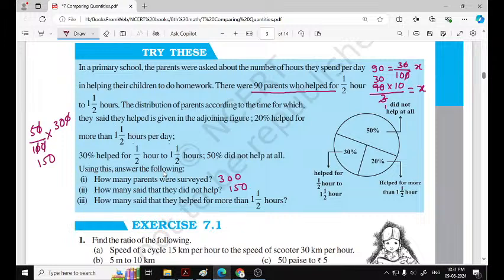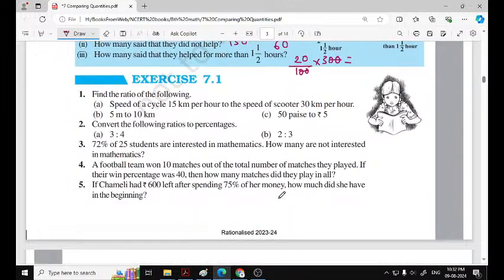Now in all there are 300 parents, 50% of them do not help, and 20% help for more than 1.5 hours. So 20 upon 100 of 300, that is 60 parents help for more than 1.5 hours.